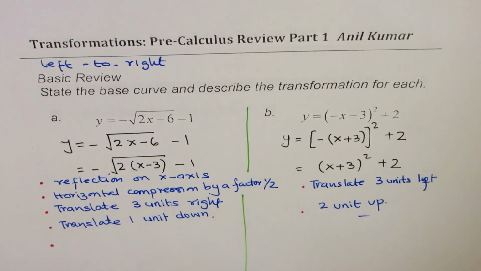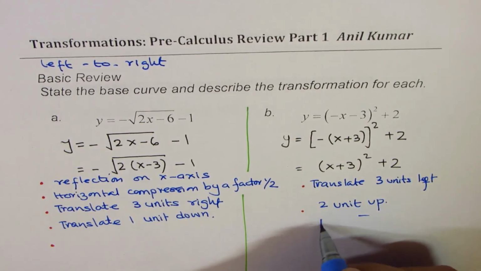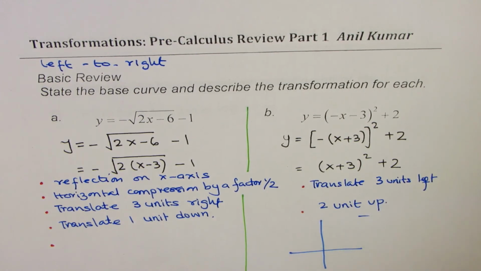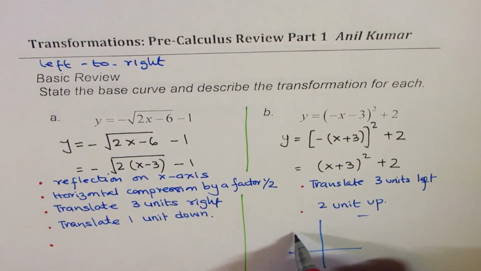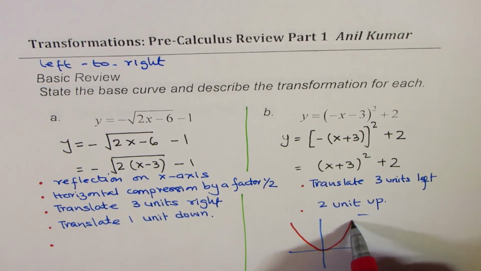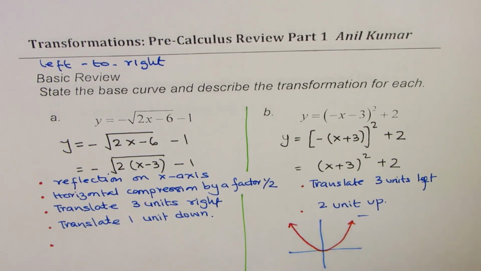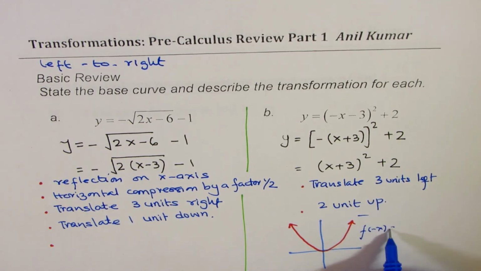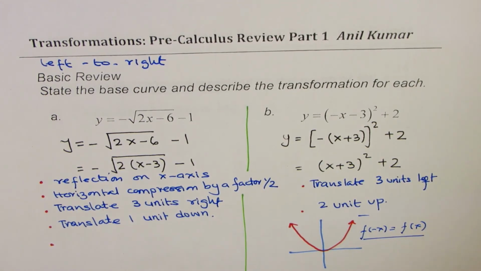Correct? That's it. The idea here is that if you see a parabola, parabola is an even function. So what you understand from here is that f of minus x is actually equal to f of x, right? And that is why we could do this. So I hope this concept is clear.